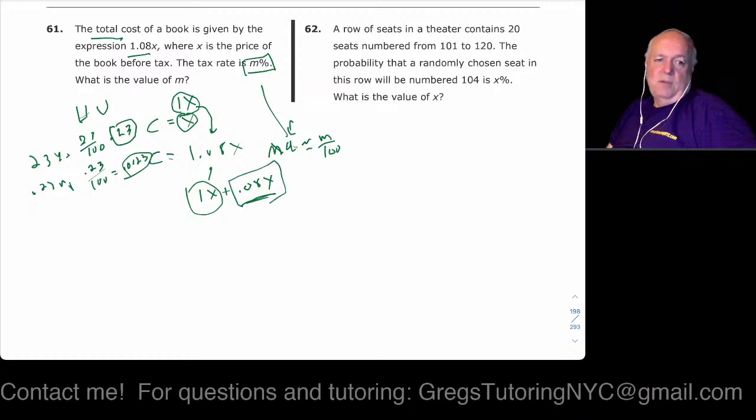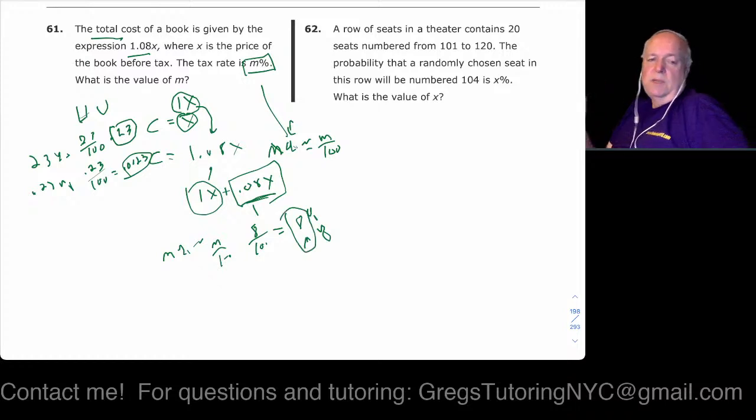So 0.08 is 8 hundredths. And if M%, as I just said, is the same as M over 100, then this must be 8%. And therefore, if it's modeling M%, M must be 8. That's all they're looking for there.